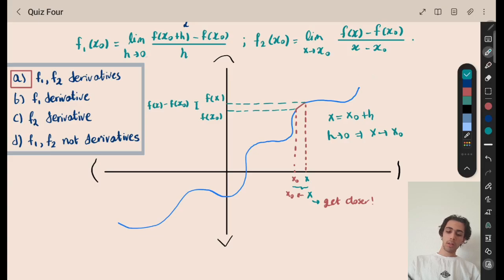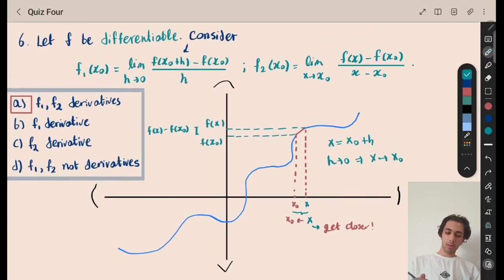Then this limit, instead of writing h tends to 0, we would write x tends to x0, because that's what's happening. And then f of x0 plus h is f of x. So we just replace x0 plus h with x.